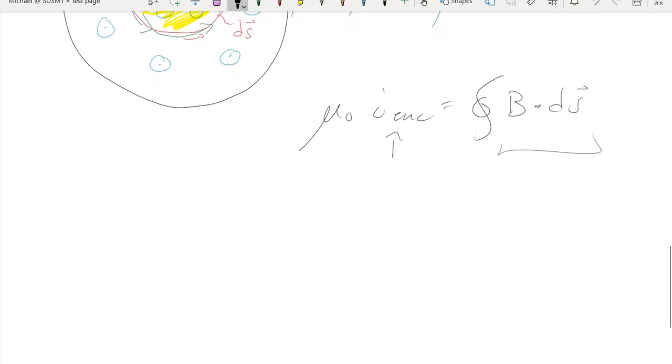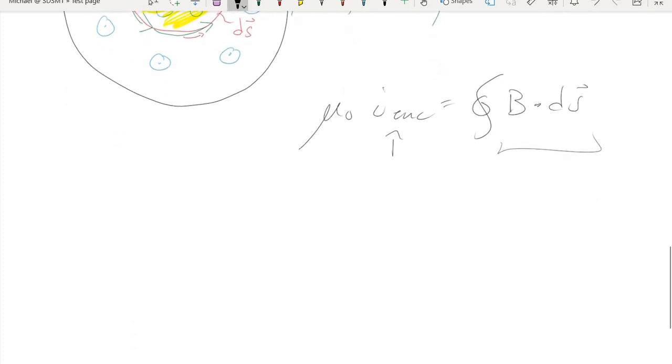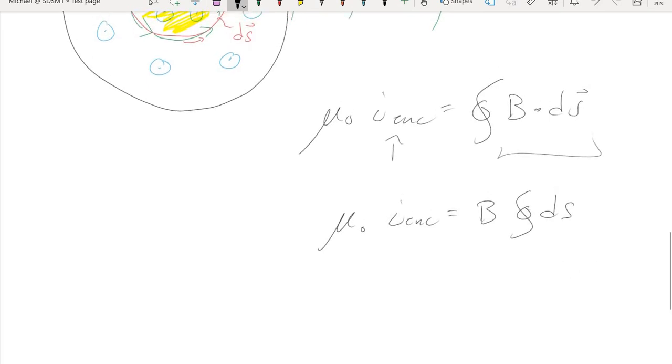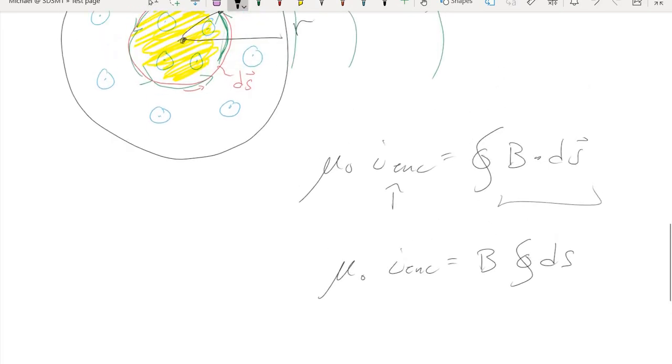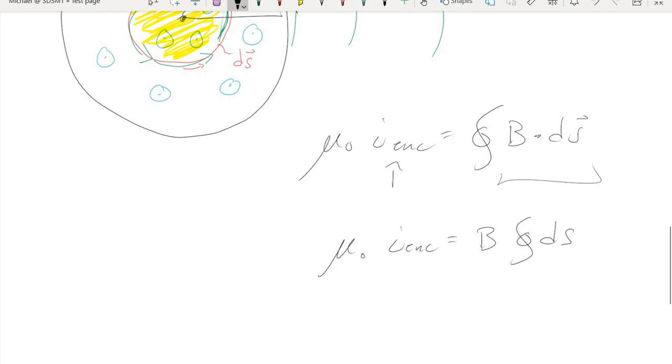So that takes care of the dot product. We're expecting a uniform magnetic field at all points along that loop, so B can come outside of the integral. We can also take care of the integration around that loop because we now have a path that is equal to 2 pi a.